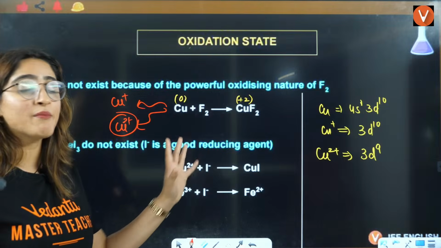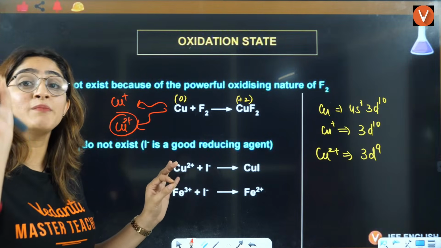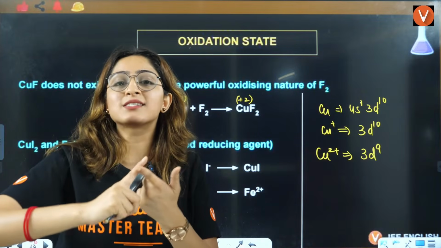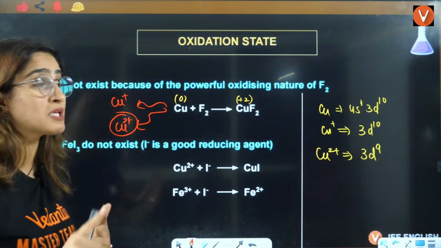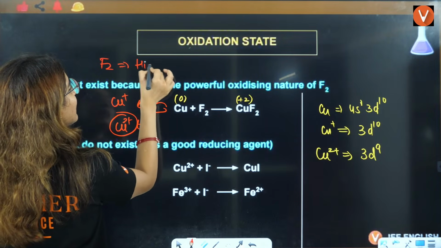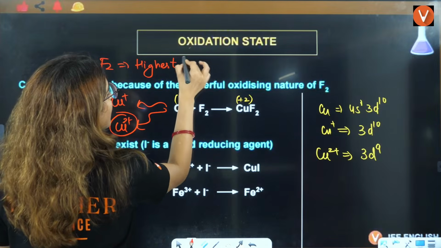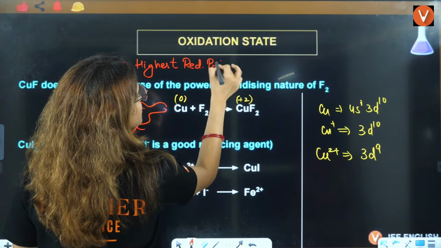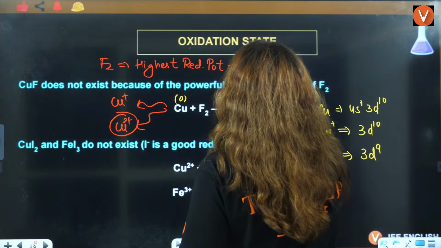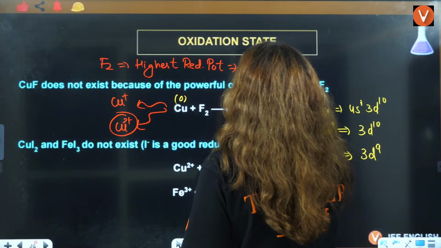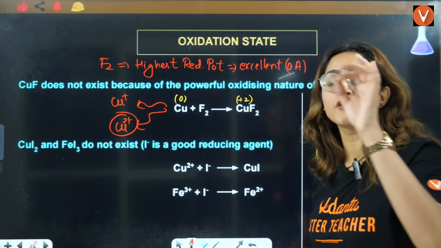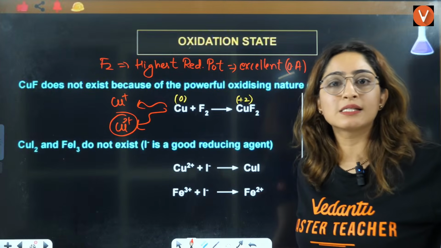He said, I don't care. I am fluorine. I am highly electronegative. I have maximum reduction potential. If you see the electrochemical series, fluorine has the highest reduction potential. That means it is an excellent oxidizing agent, the most powerful oxidizing agent in the series.